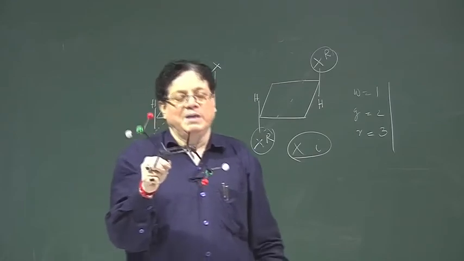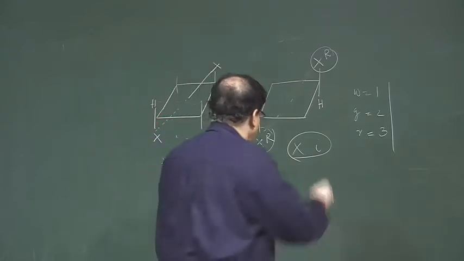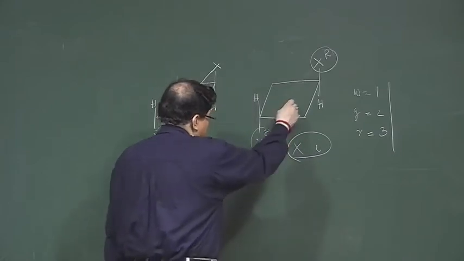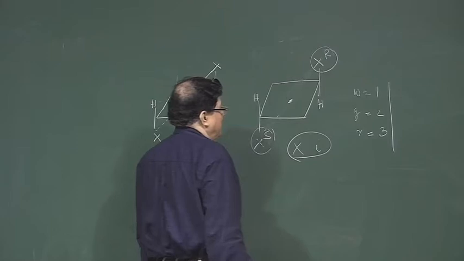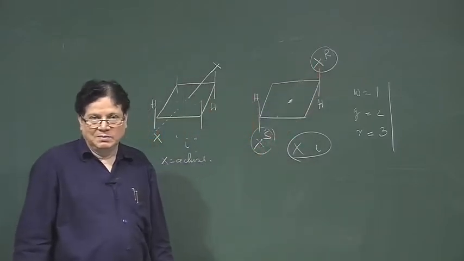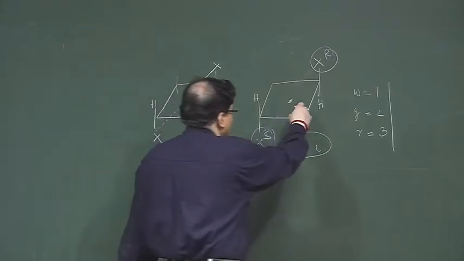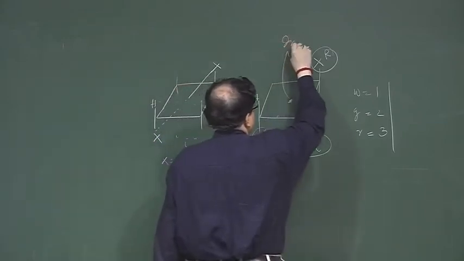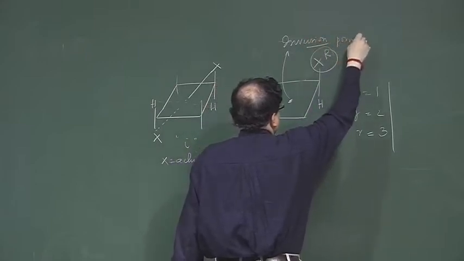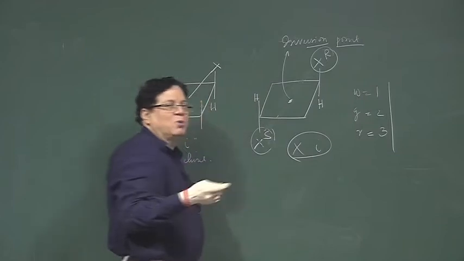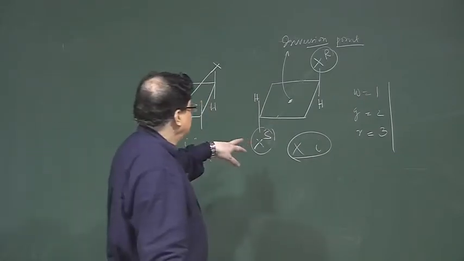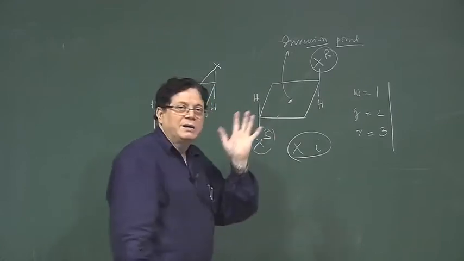So, what is happening now? If this is R and this is S, then you have a center of symmetry. Because R going to S is kind of an inversion of configuration. So, this is called an inversion point. So, you have to define it in two ways. For systems which are not having any stereogenic center, the earlier definition stands.